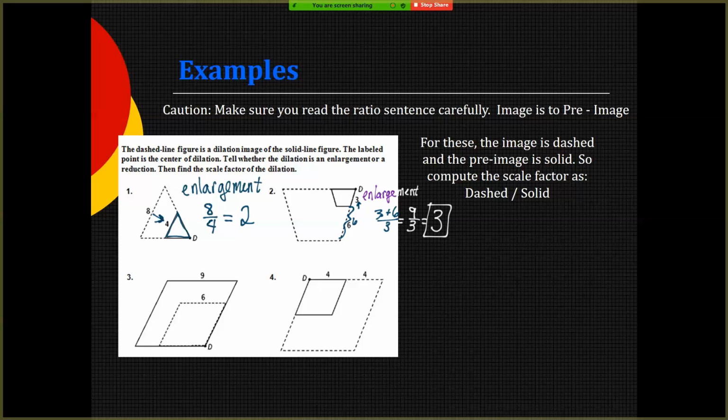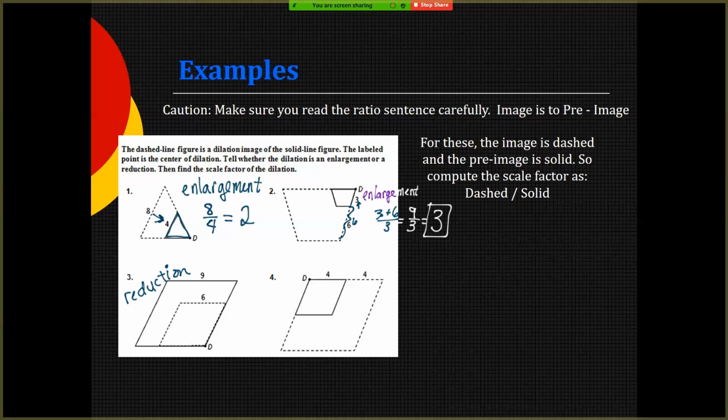Looking at question number 3, the original image is the solid line, and our dashed figure is the second one. So this figure has been reduced. This is a reduction. Our figure is getting smaller from the solid to the dotted.